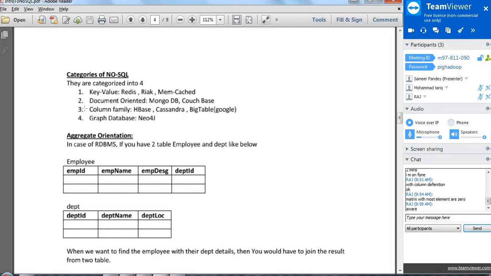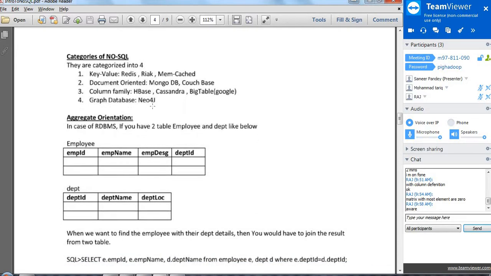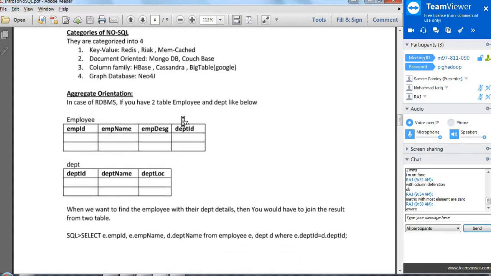I'll tell what is the meaning of column family, but just understand for now that column family data is a category, and HBase and Cassandra come in this column family category. Graph database deals with graphical representation and storing graph values, and we use Neo4j databases. So these are the NoSQL databases in a categorized format I'm showing you.